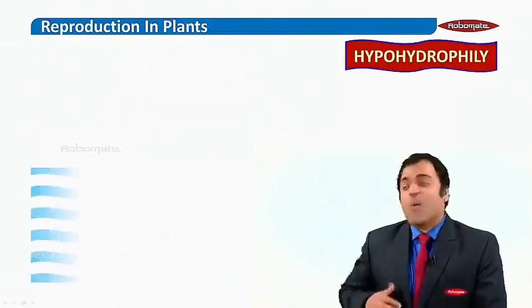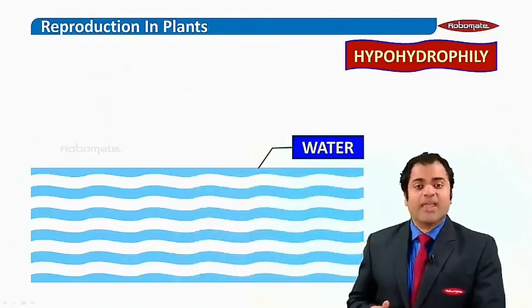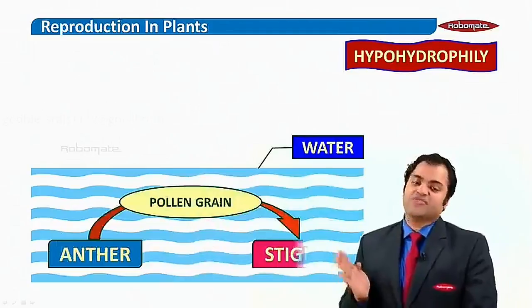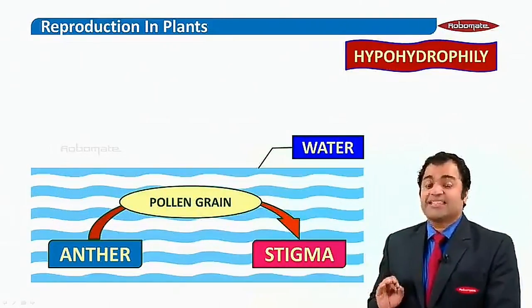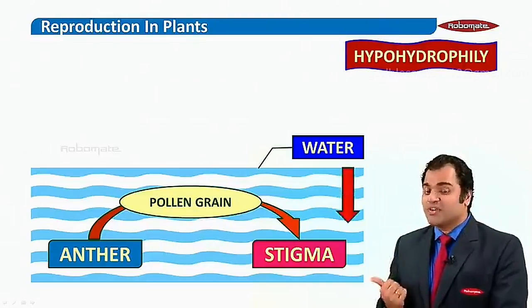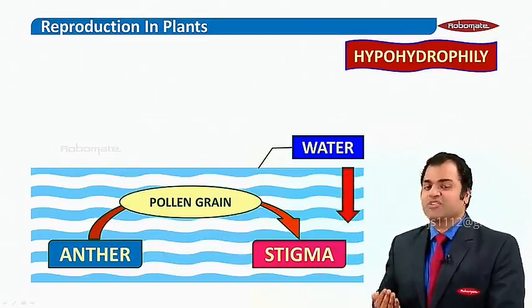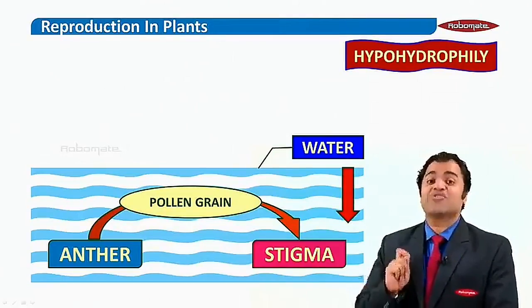With this, let us see what is so special about hypohydrophily. Once again, I've shown you the same body of water. Is that okay? Once again, I've taken the pollen from the anther and I've transferred it onto the stigma. Where is it happening? It is happening below the surface of water. So when the pollen is getting transferred below the surface of water, the phenomenon is called hypohydrophily.